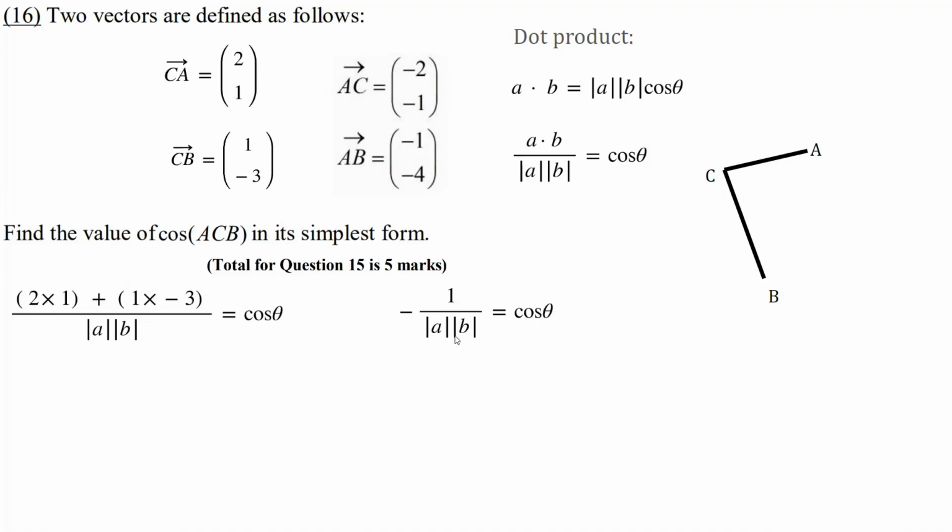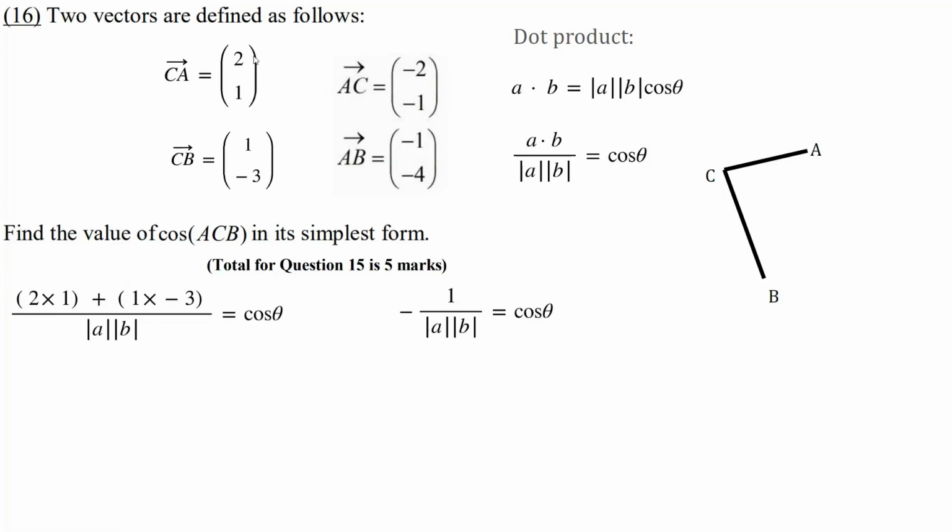Now, the magnitude of A, to calculate that, you can just use Pythagoras' theorem, normally. That is basically what we're going to be doing right now, but this is just the way that people think about it. The magnitude is defined as the square root of the sum of squares of each component in the vector.